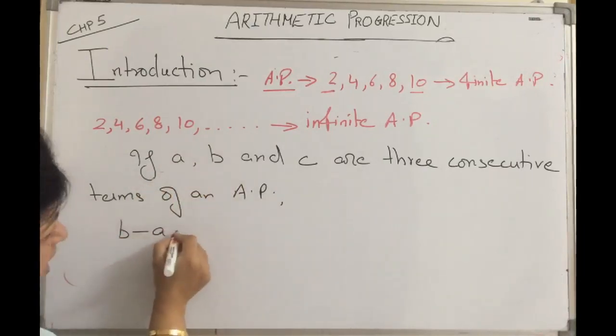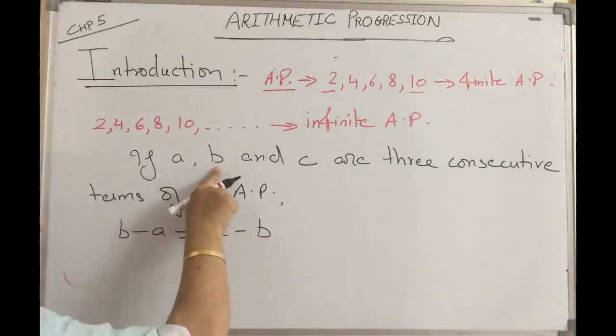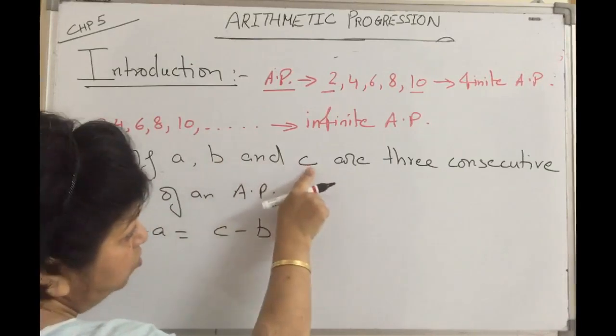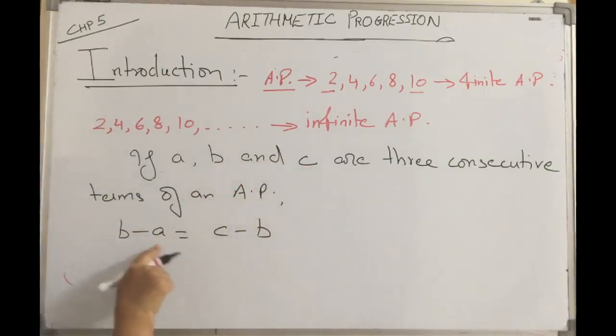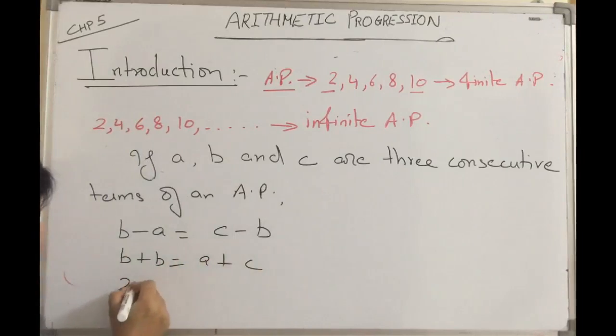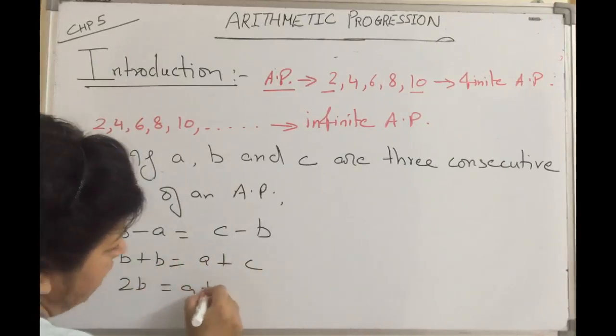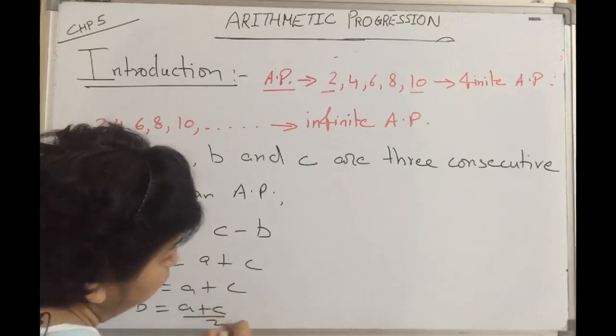So B minus A should be equal to C minus B. Second term minus first term should be equal to third term minus second term. So we get this equation. Now take B to one side. So B plus B will be A plus C. So 2B is equal to A plus C, or B is A plus C by 2.